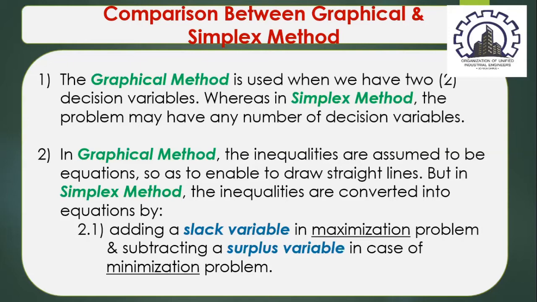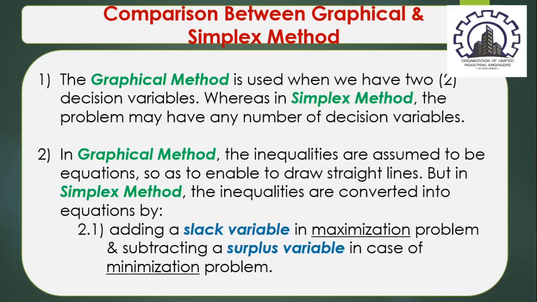Now, the second difference between the two is that in graphical method, the inequalities are assumed to be equations so as to enable to draw straight lines. But in simplex method, the inequalities are converted into equations by adding a slack variable in maximization problem and subtracting a surplus variable in case of the minimization problem.